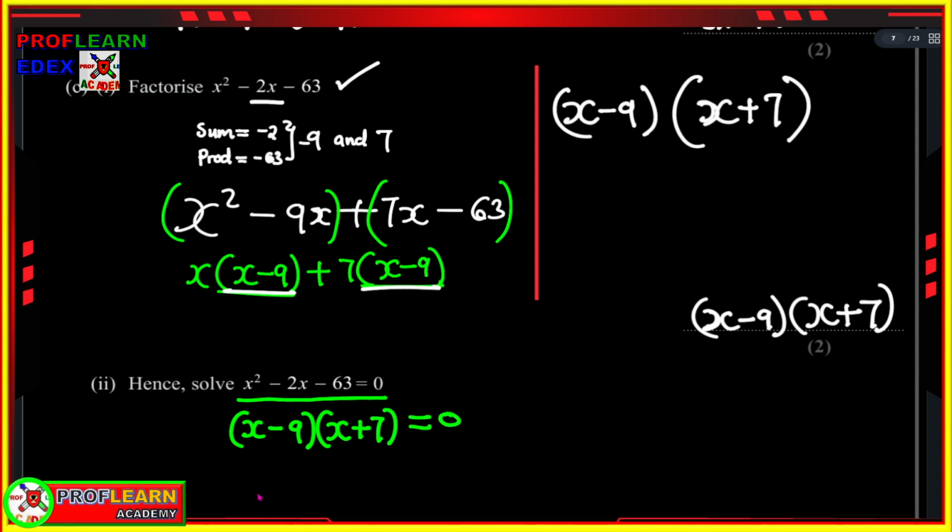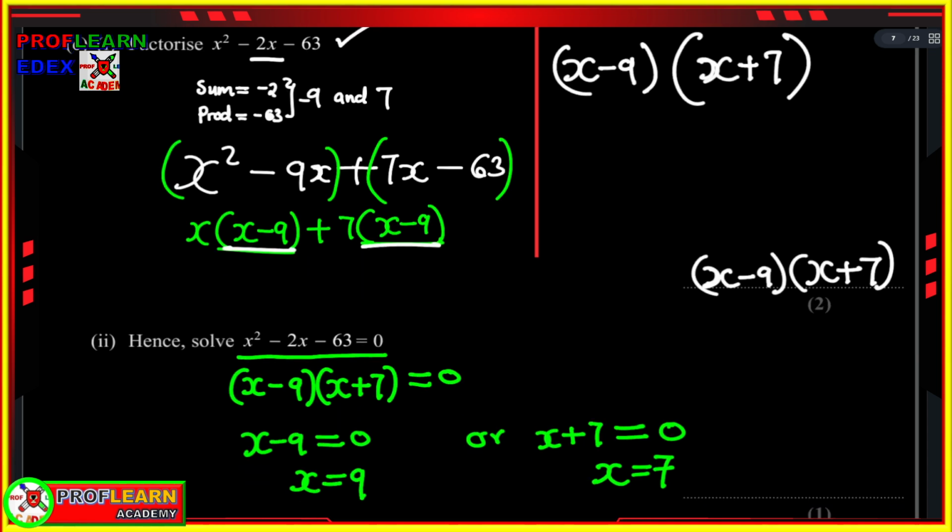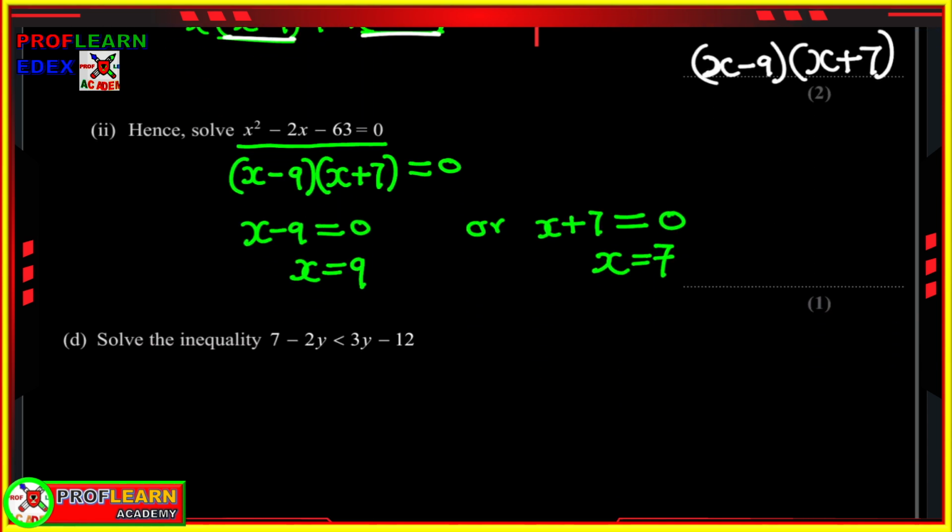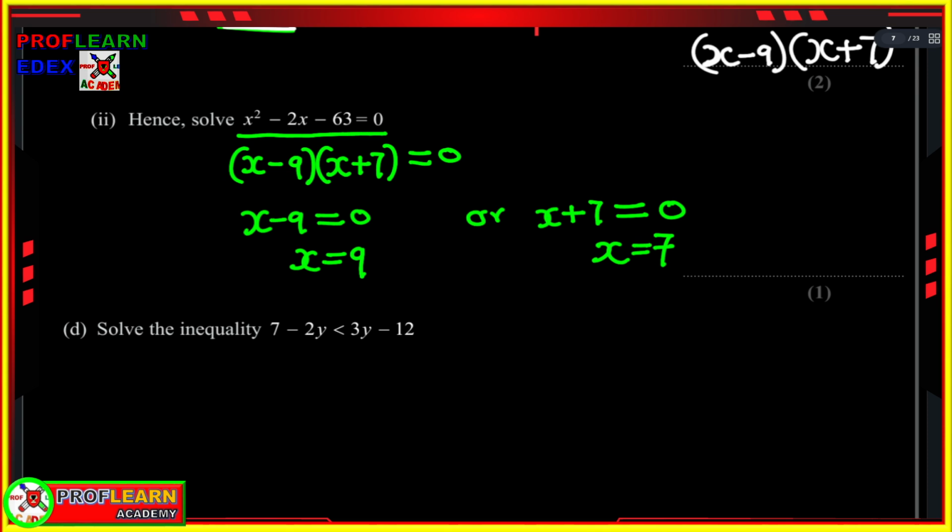Which means that x minus 9 is equal to 0, or x plus 7 is also equal to 0. So with that, we can say from here x is equal to positive 9, and here x is going to be equal to -7. So we have the two values for x. That's exactly what you are going to do in order to work out that.